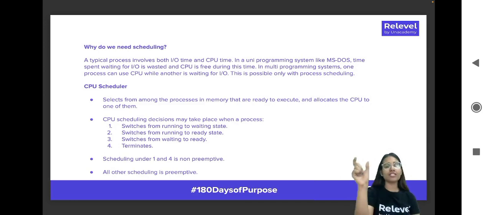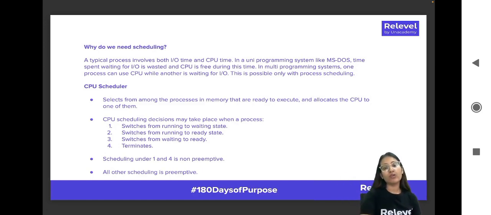If that process went into the waiting state, then no other process can enter the CPU execution or running state. Because of which, the program is waiting and not doing anything, and the CPU is also free at that time.